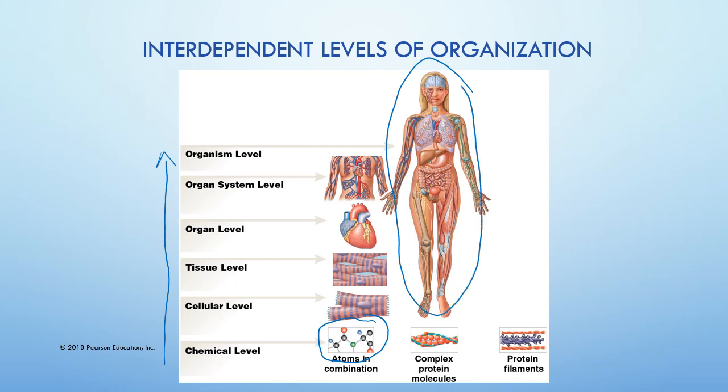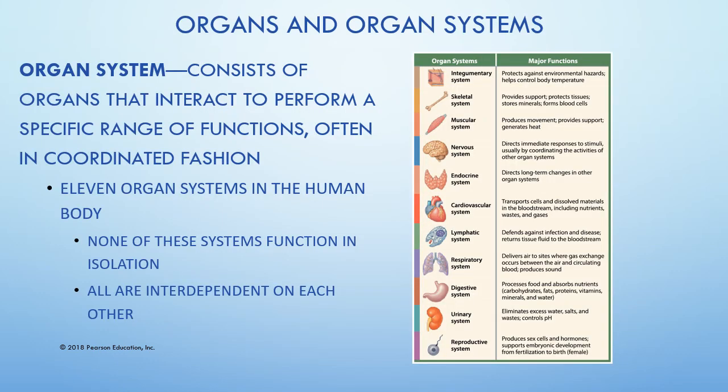We have all of the different processes going along within the individual organs and organ systems. But in the end, it all comes down to that chemical level. How do those particular proteins and lipids and carbohydrates interact with one another in order to do their overall job, which is to keep the entire organism, the entire person, alive?